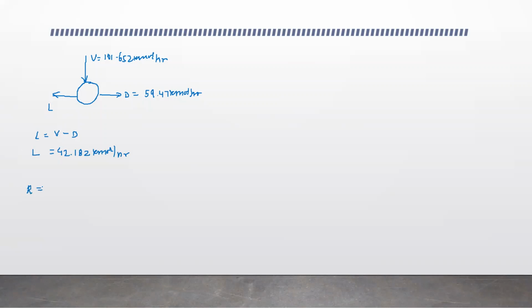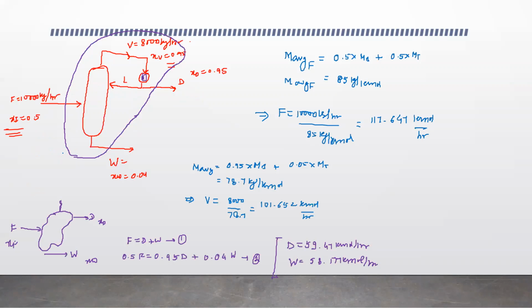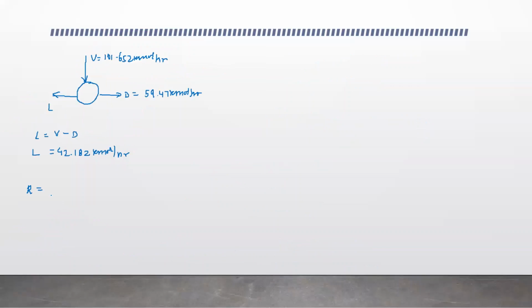So the reflux ratio R, this is a very important term used in distillation. Reflux ratio is basically whatever condensate has returned upon whatever distillate has been withdrawn. So it's basically L by D. So L is 42.182 and D is 59.47.